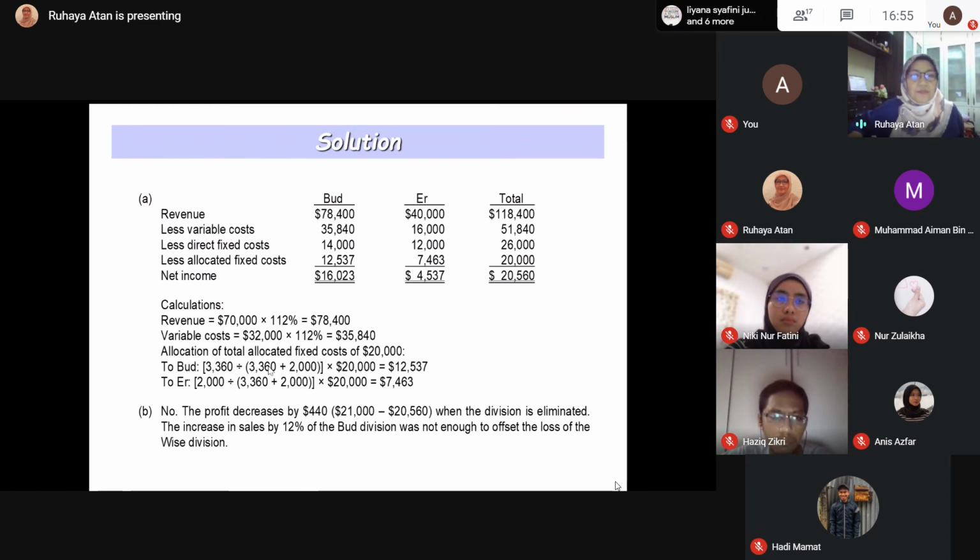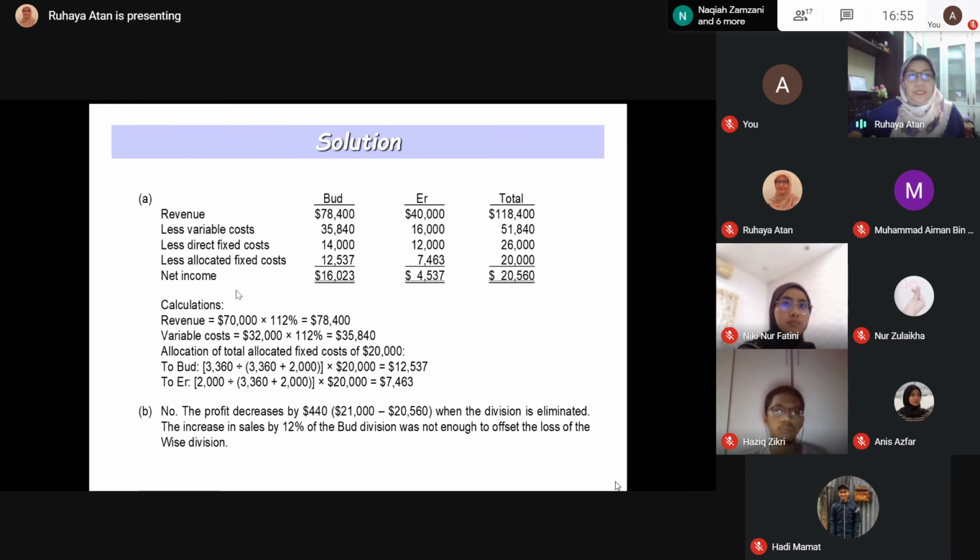So you have to calculate based on the increase in the sales of Bud. So that's the difference. So 3,360 and 2,000, the proportion is 3,360 over 5,360 times 20,000, and the balance goes to Earl.